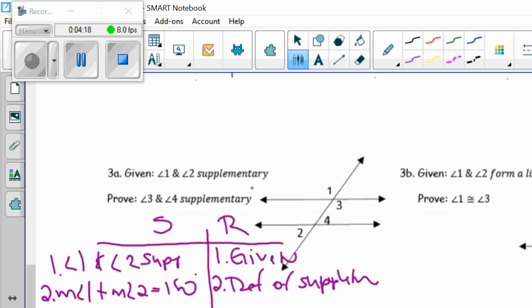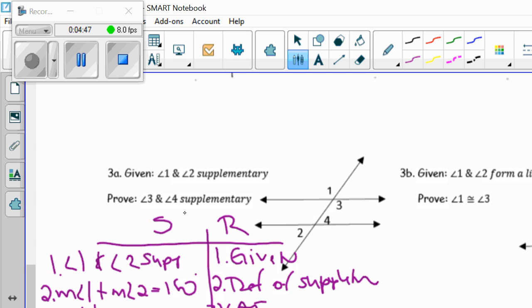I need to get 3 and 4 into my proof. Again, I can say that angle 1 is congruent to angle 3 because they are vertical. So I can say angle 1 congruent to angle 3 by vertical angle theorem. And then I can get angle 4 in my proof by saying angle 4 is congruent to angle 2, again by the vertical angle theorem.